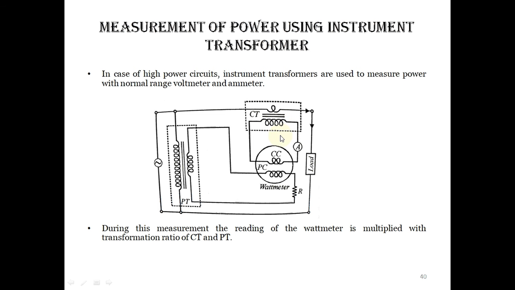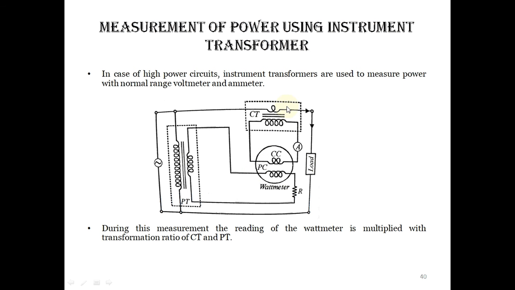Current level is stepped down and voltage level is stepped down, so that a normal voltmeter along with an ammeter, or you may insert a voltmeter over here. So the voltage and current level falls within the working range of a normal measuring instrument. That is the utility of CT and PT.